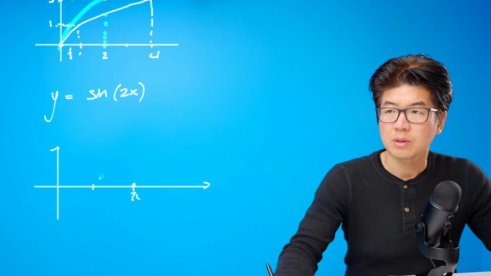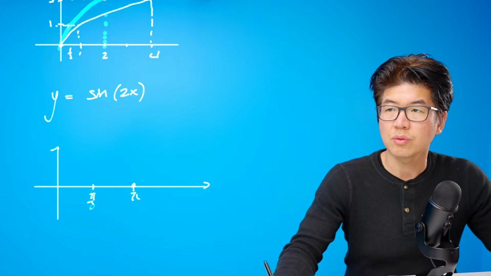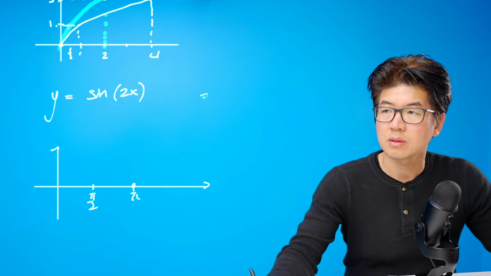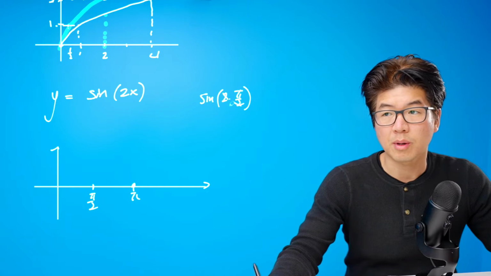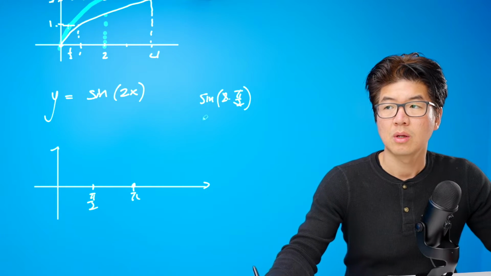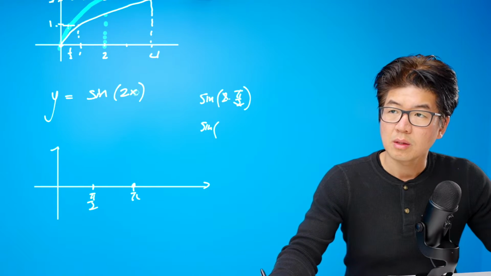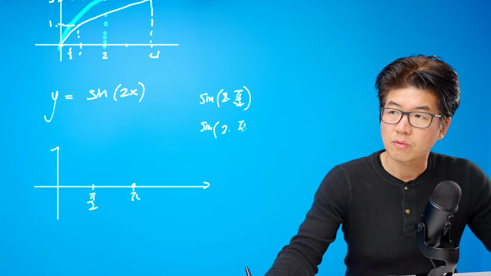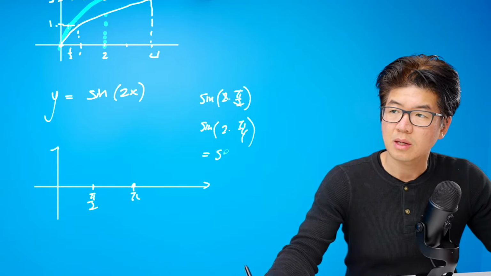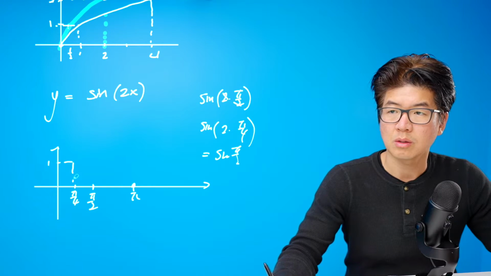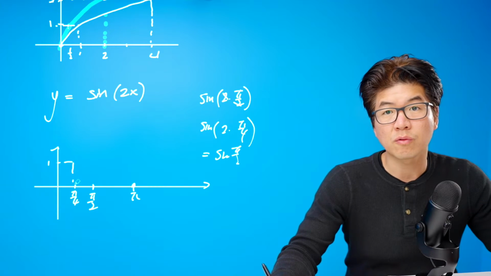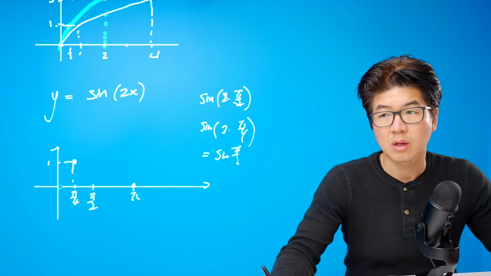And note that if I put pi over 2 in there, sine of 2 times pi over 2, I get sine of pi, which is again 0. And if I plug in pi over 4 for x, I get sine of pi over 2, which is equal to 1. Okay, so instead of pi over 2, at pi over 4, we're going to have a maximum of 1.